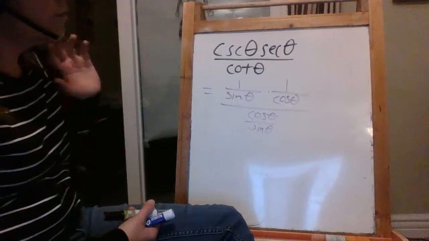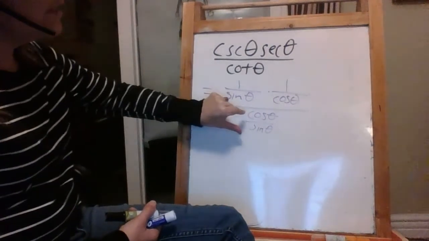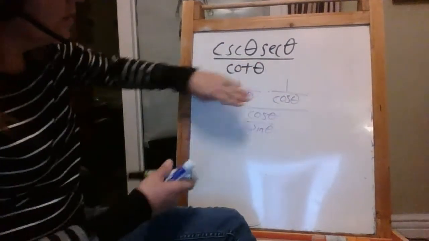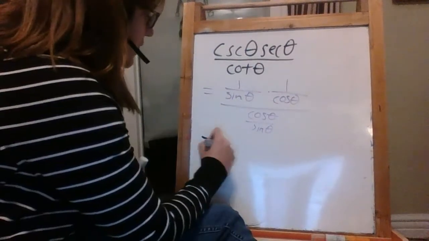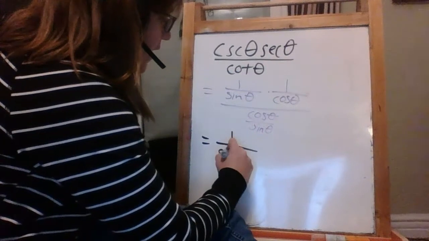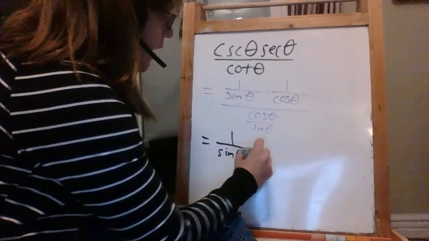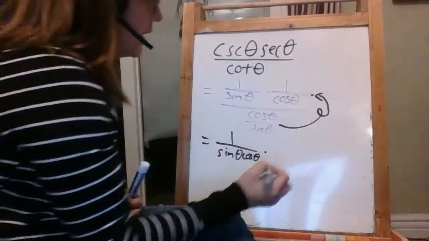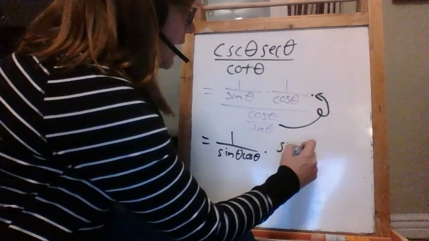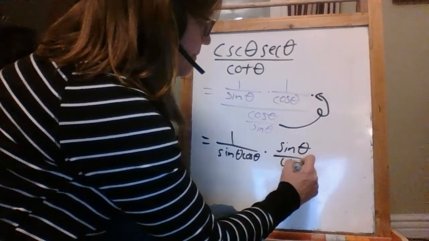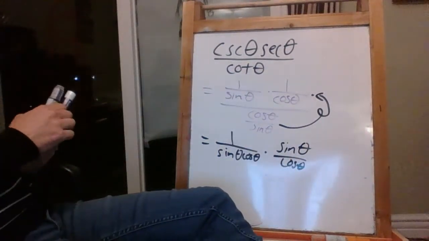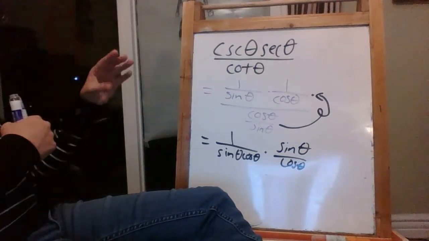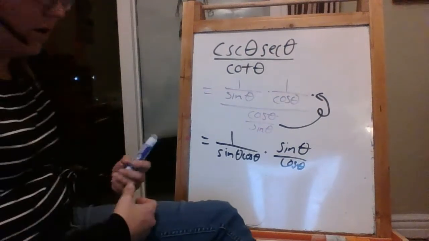There's multiple strategies, but one strategy is just to take the denominator and flip it. We can multiply the top together, so that's just going to give us 1 over sine theta cosine theta. But the bottom, we're going to flip and multiply, so we multiply by sine theta over cosine theta. We have to be careful here on what cancels and what does not. Anything on the top can cancel with anything on the bottom.